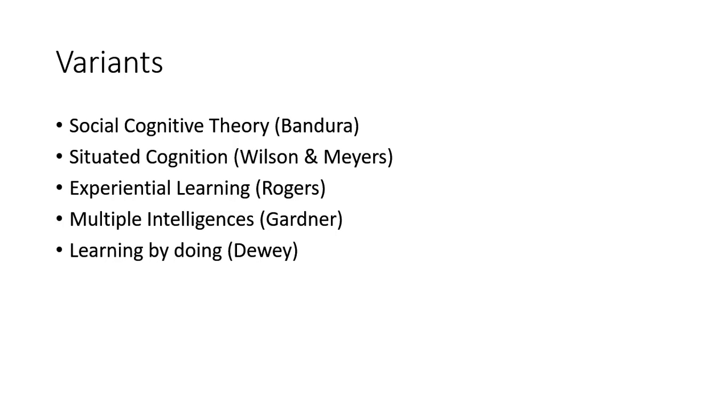So again, lots of different directions that cognitive theory can go in, and lots of overlap with other theories. It's not so much an either or. It's not really a binary choice as to which one you choose, but it's important to understand there's a lot of nuance to many of these theories and a lot of overlap in interesting areas.